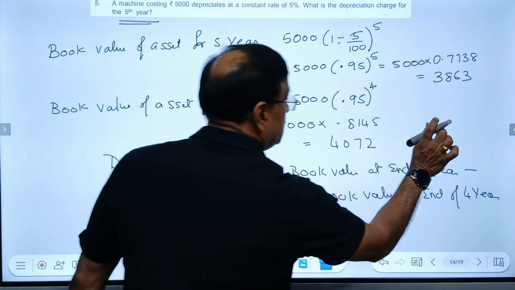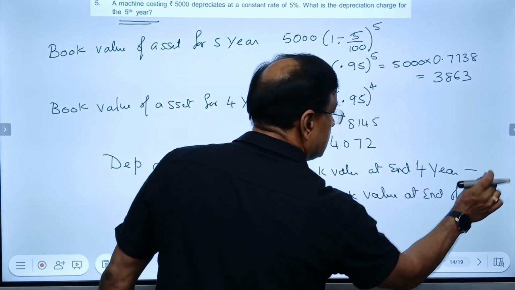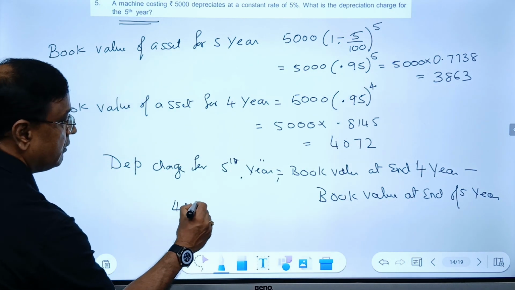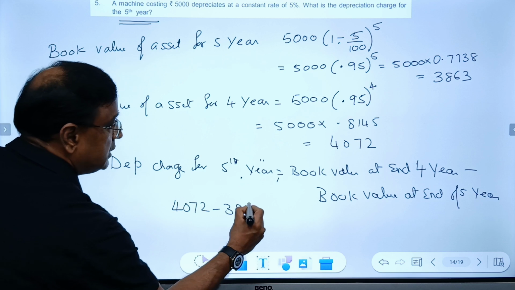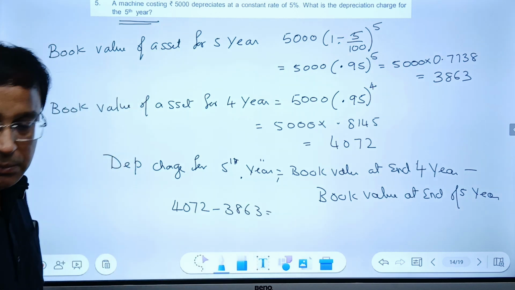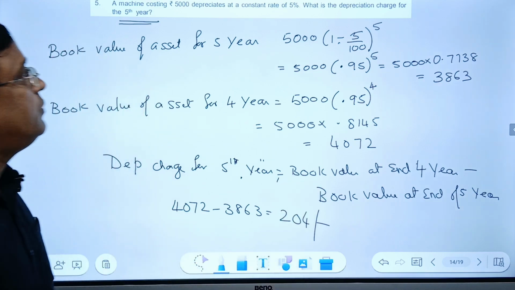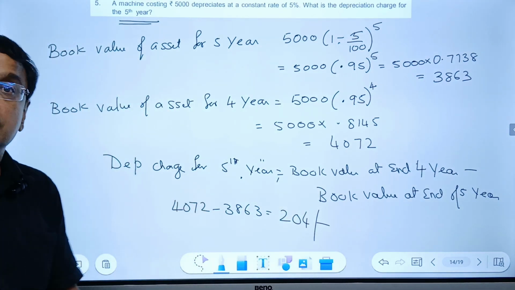Sorry, it should be 4 years first, then 5, because this will be bigger. So it will be 4072 minus 3868, and the answer happens to be 204. This is the depreciation that happens in the 5th year.